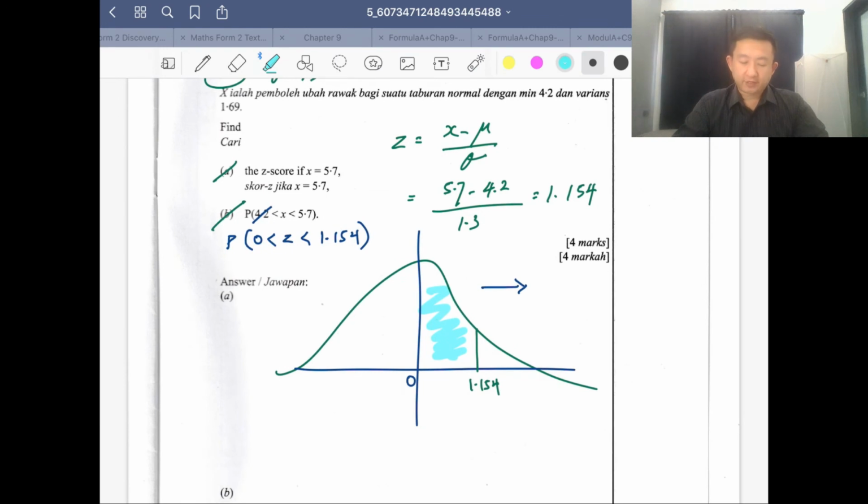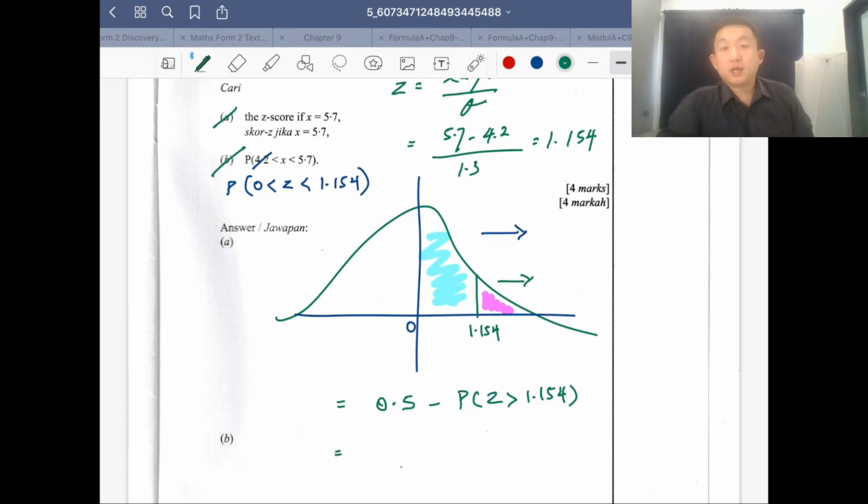From the table itself, what you can find is these parts. The whole yellow part is half of it, so 0.5. So you can use 0.5 minus the pink part. The pink part is basically the chance of z more than 1.154 going to the right direction, and you can refer to the table for 1.154.